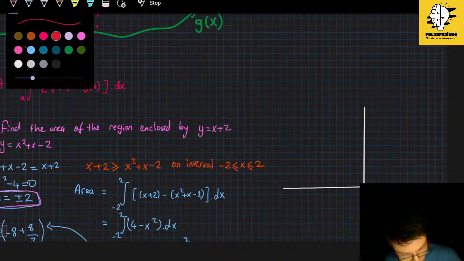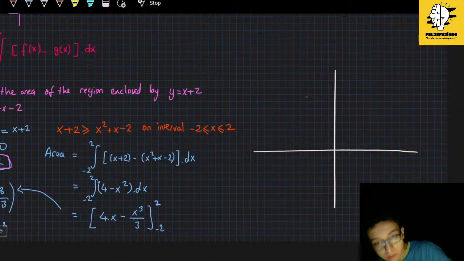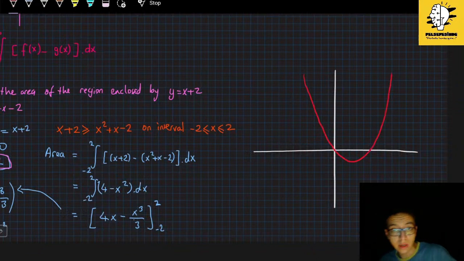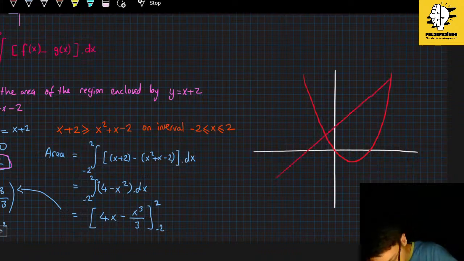So our graph looks something like this. This one should go exactly in this way, and then the other one is as well. I can zoom. Sorry, let me use another color. 2, negative 2, 0.